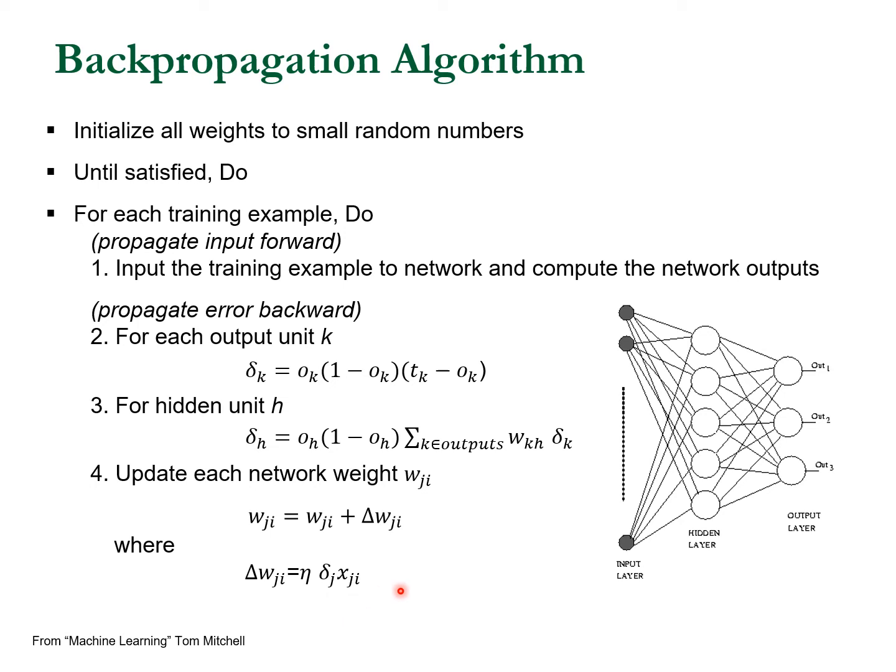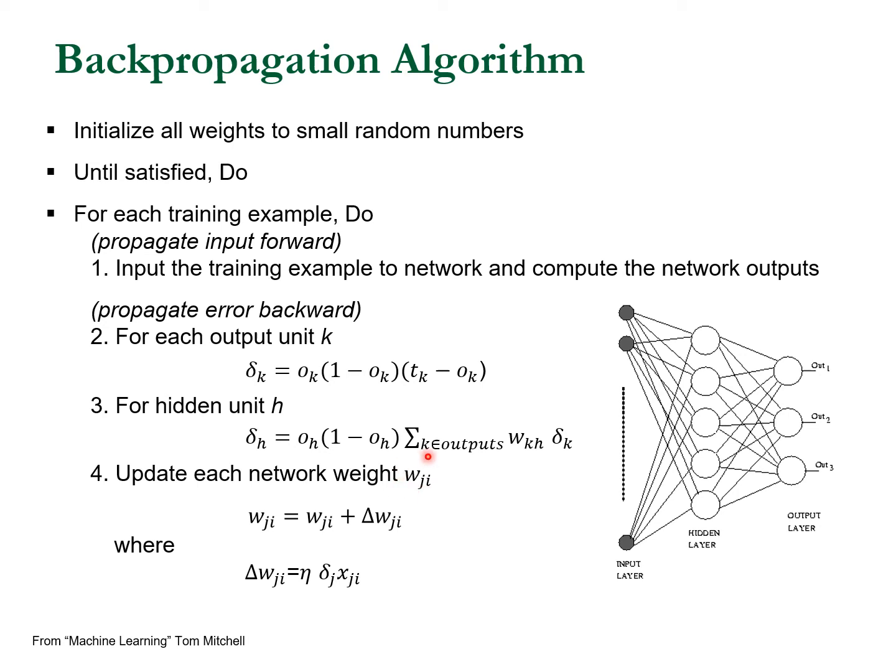One thing you have to remember is that in the notation of the pseudocode in the previous slide, wji is the weight value from node I to node J. You notice the index is reversed.